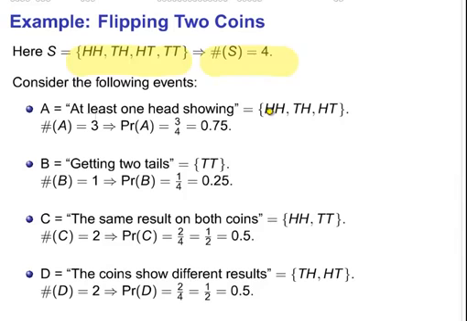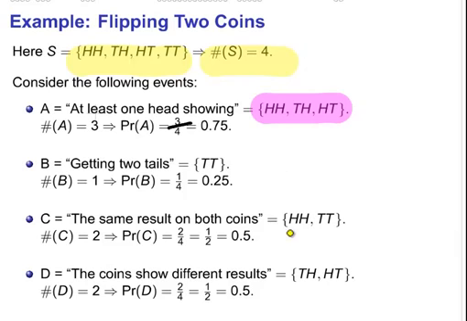The event A is heads-heads, heads-tails, tails-heads, so there are 3 elements there. So the probability of A is 3 out of 4, which is 0.75. Getting 2 tails was just one possible outcome out of 4, so 1 out of 4, 0.25.